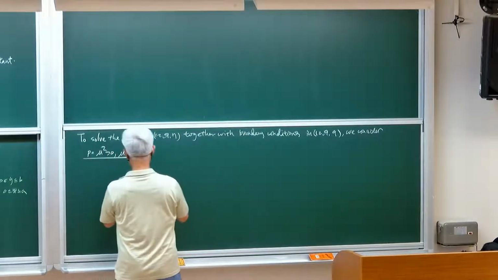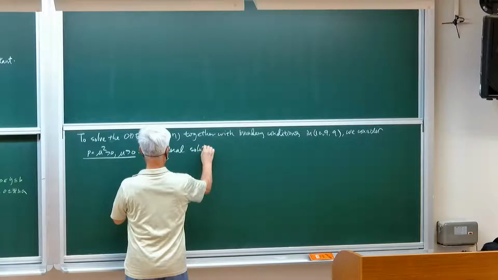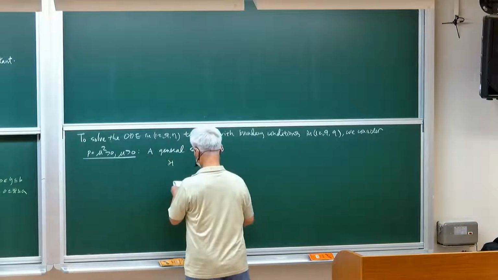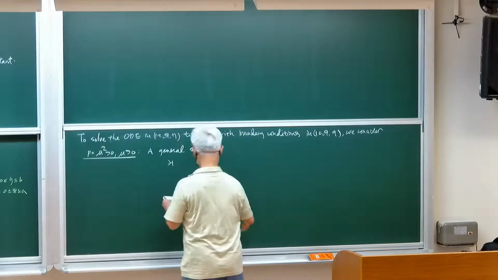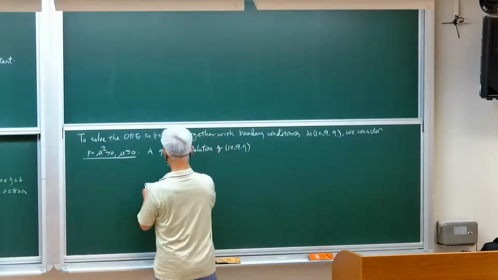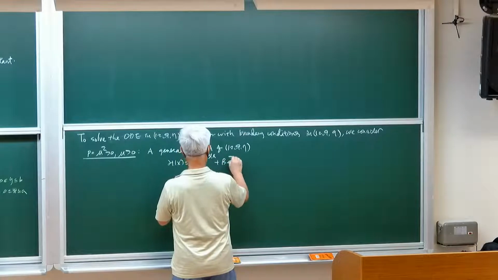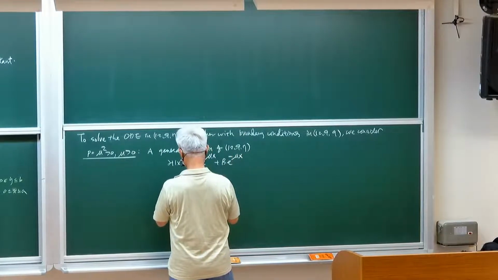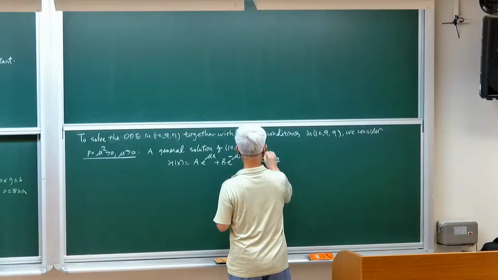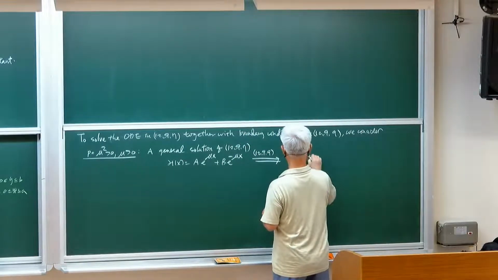So a general solution, with the boundary conditions, gives us A equal to B equal to 0.